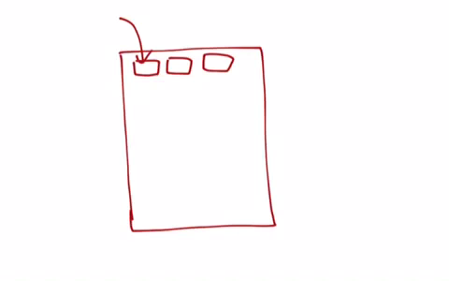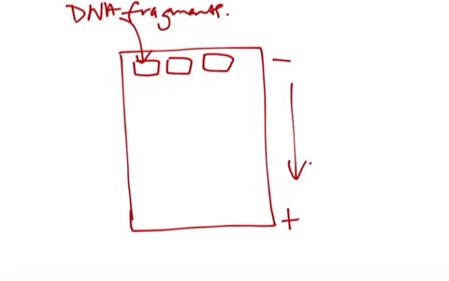So it might look something like this on a gel. So the wells of our gel are down here. We put our DNA fragments that we've cut from the previous example into the wells, and then we run the gel electrophoresis.